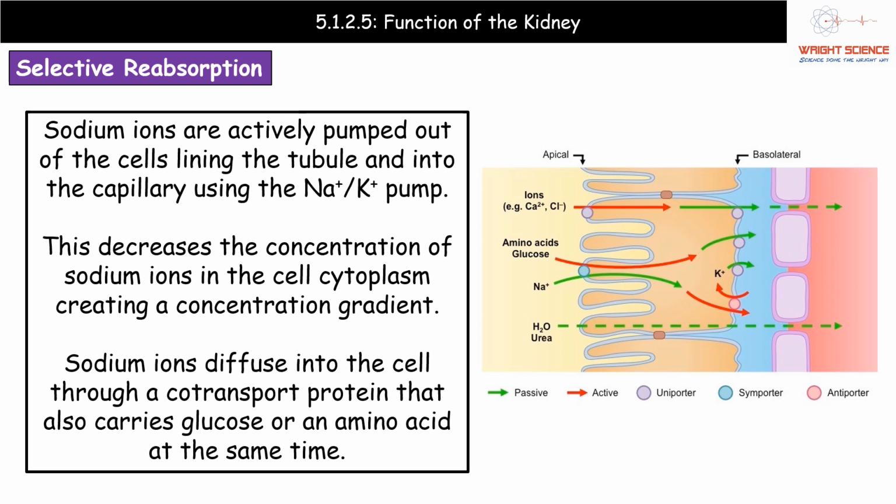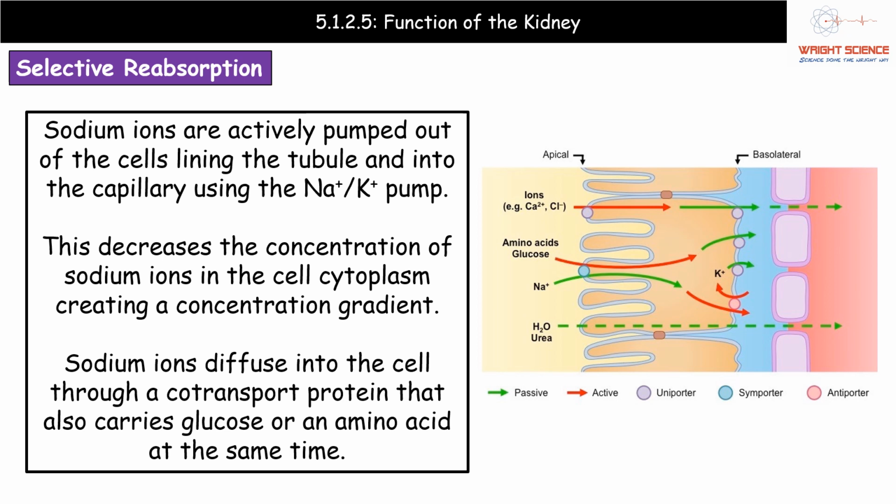So what happens is we've got our little sodium ions that are obviously going to be accumulating inside the cell, and we then need to basically pump them out because we don't want them accumulating inside the cell. So what we do is we use the sodium potassium ion pump to actually move those sodium ions from inside the cell into the capillary itself.